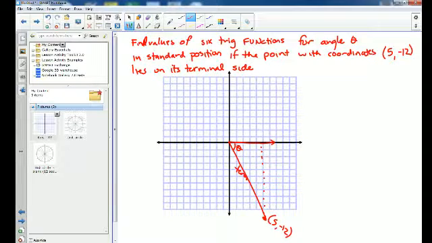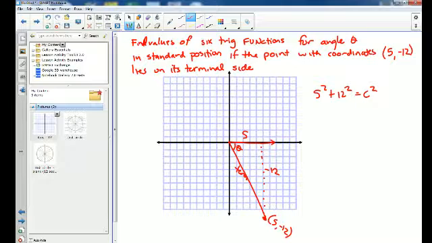So we have, how long is this length? 5? Well, 5 and 12. How do we calculate the hypotenuse? The negative denotes that it's below the x-axis. It's not a negative length per se.